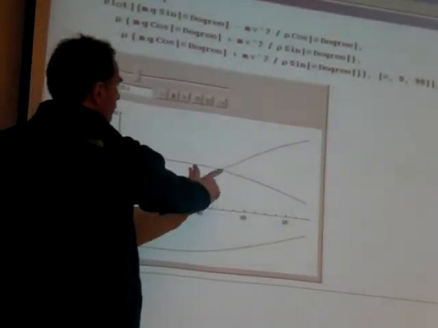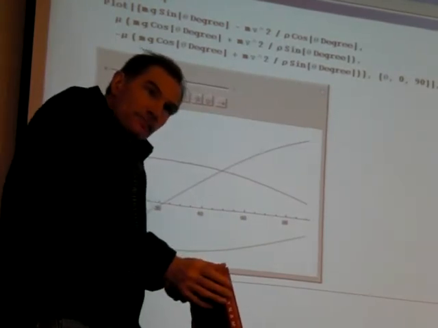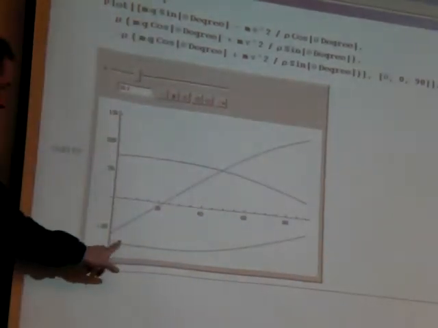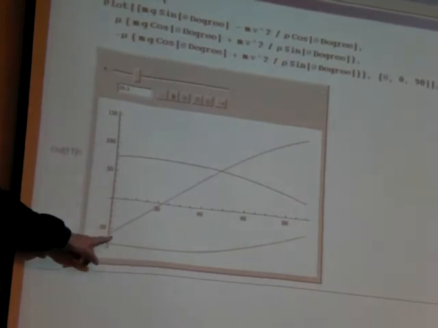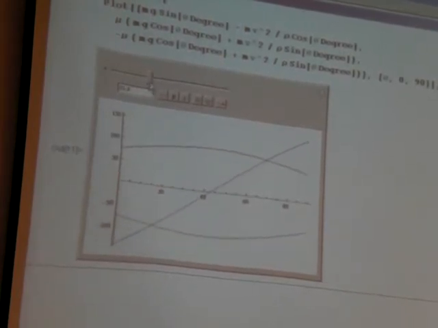And now you can go to an angle that's a bit larger for the cushion. But at some point, this curve will intersect minus mu n. As you get towards the bottom curve, you're afraid of slipping.